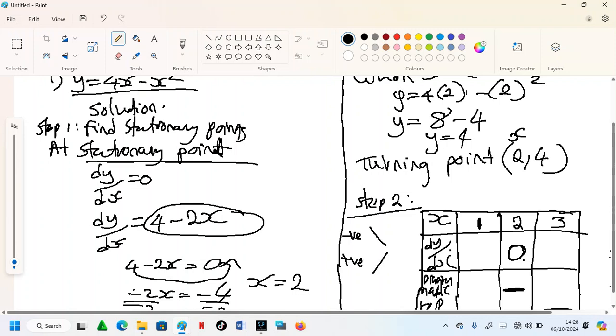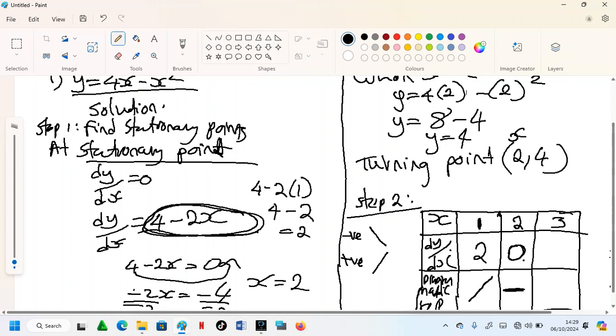So very fast, the equation for dy/dx is right here. When x is 1, dy/dx will be 4 minus 2 times 1. So that is 4 minus 2, that is positive 2. If it's positive, then the curve should be looking like that.